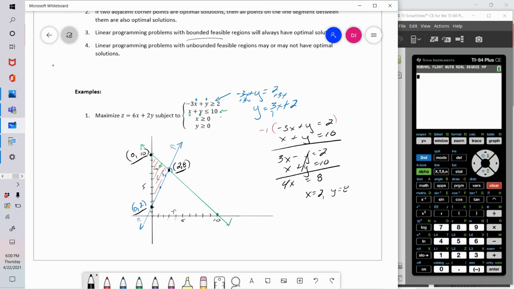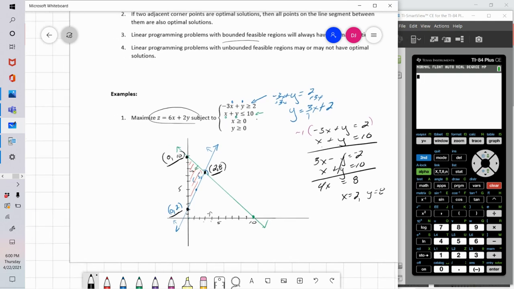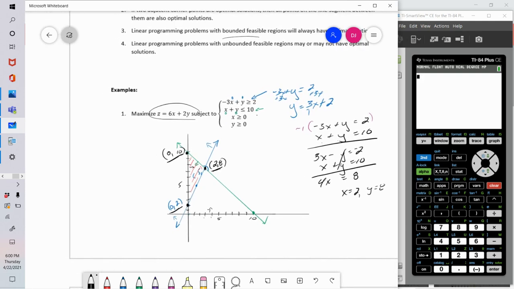Now what we want to do is we want to maximize the value of z. So we're going to find 3 different z values. We're going to find the value of z for the point 0, 2. We're going to find z for the point 0, 10. And we're going to find z for the point 2, 8. And to do that, first we're going to put 0 in for x and 2 in for y.